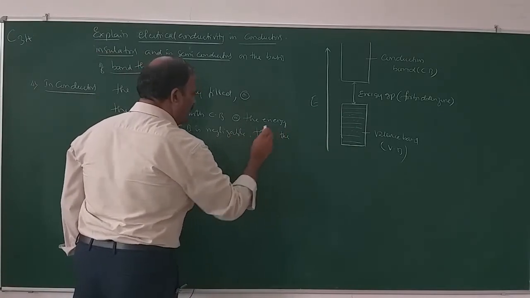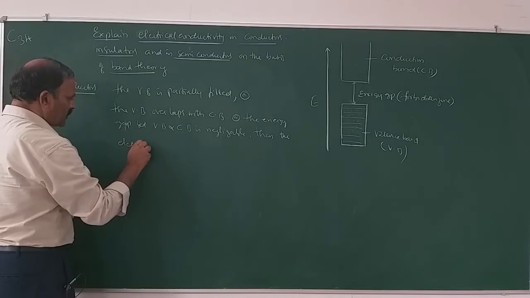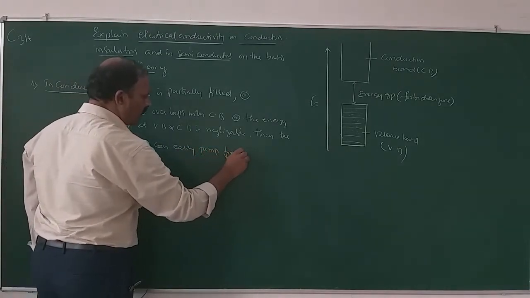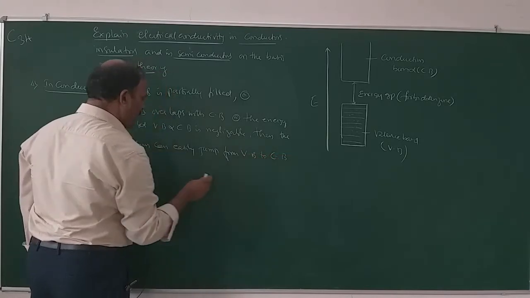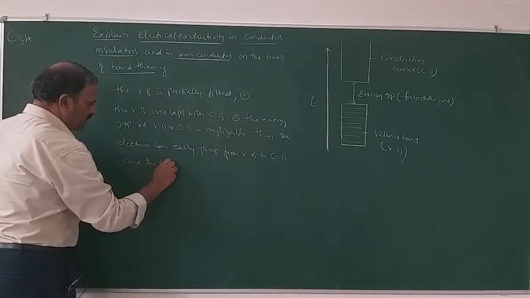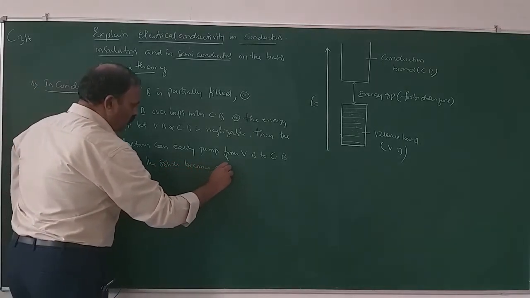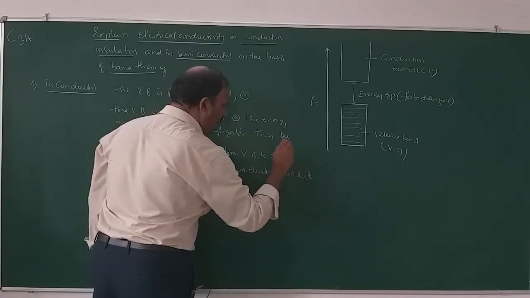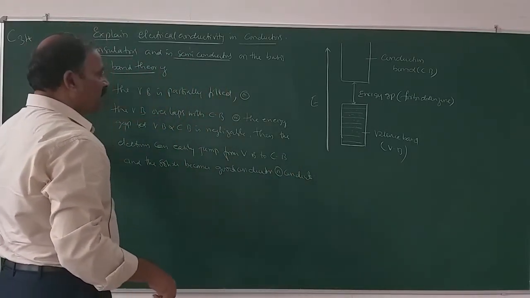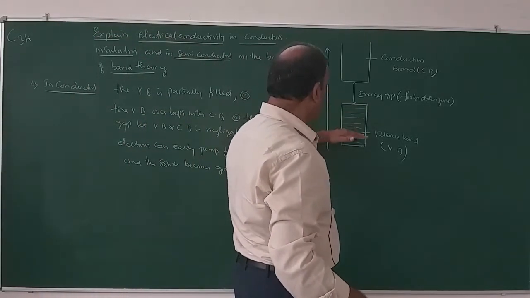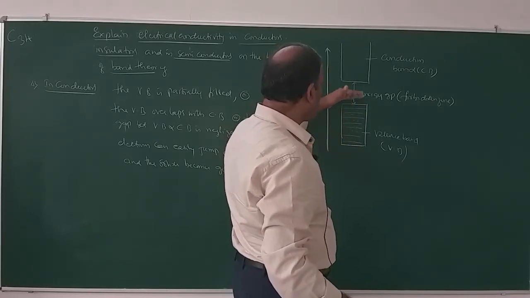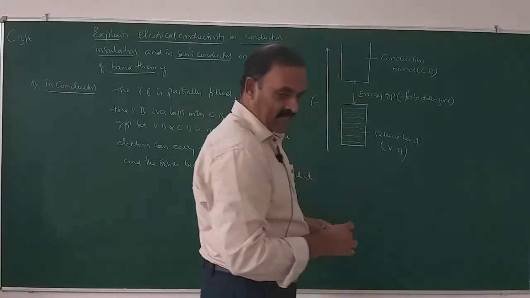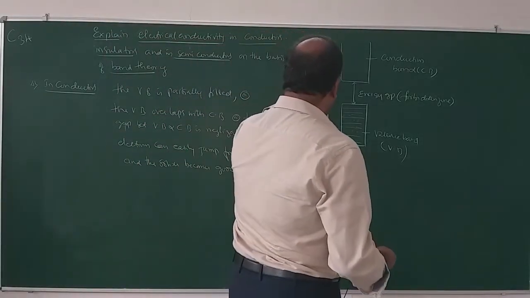Then the electrons can easily jump from valence band to conduction band, and the solids become good conductors. They are called conductors.